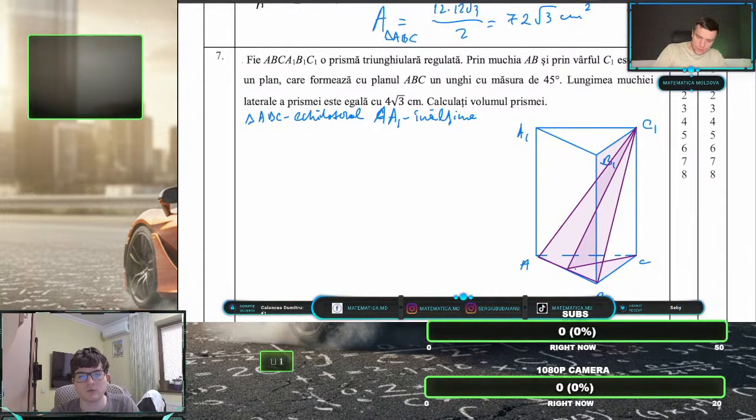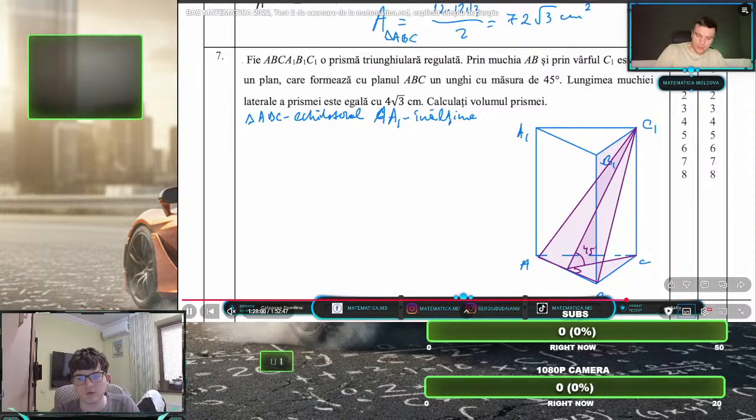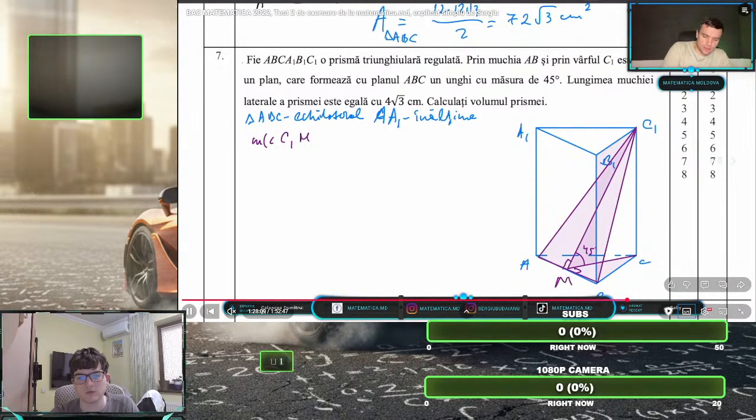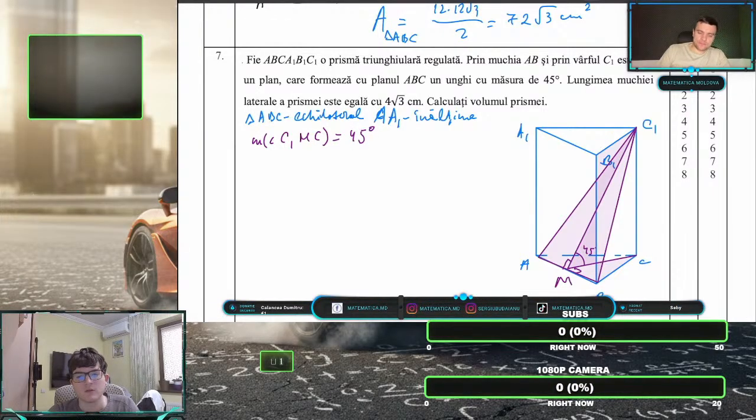So, what now? Goes like this. So 45 degrees right there. Okay, so 90 degrees right there, 90 degrees right there. We put an M there. 45 degrees right there.